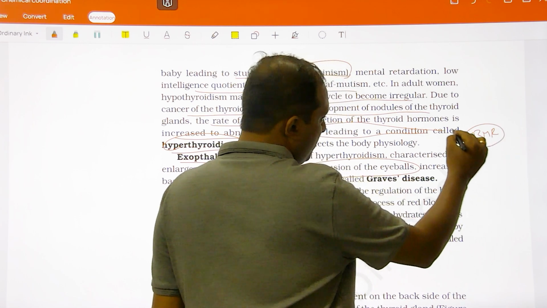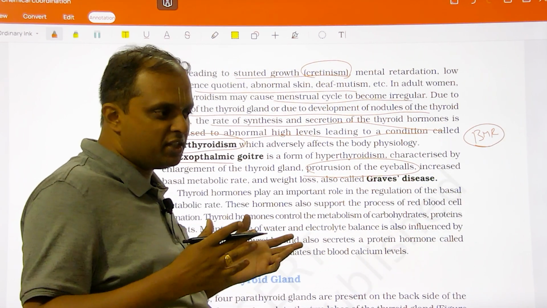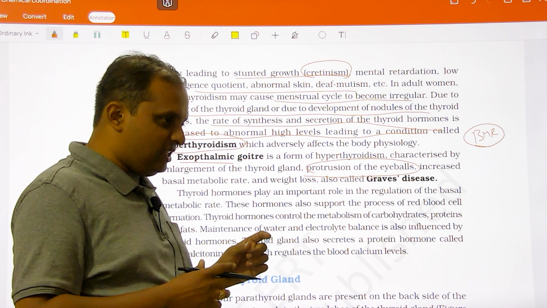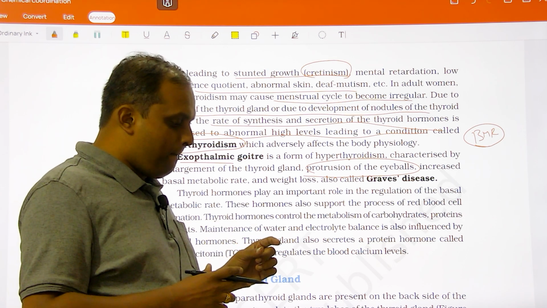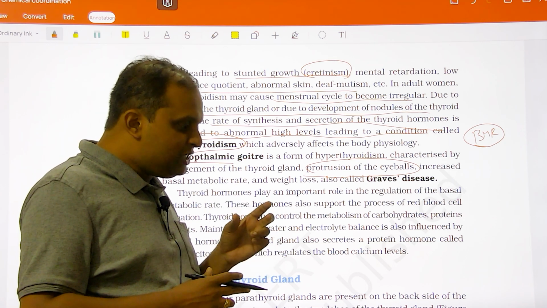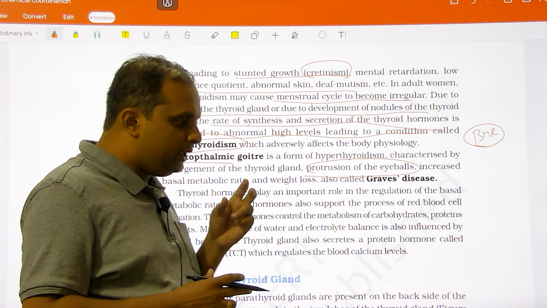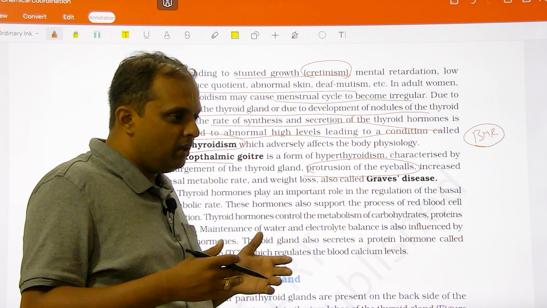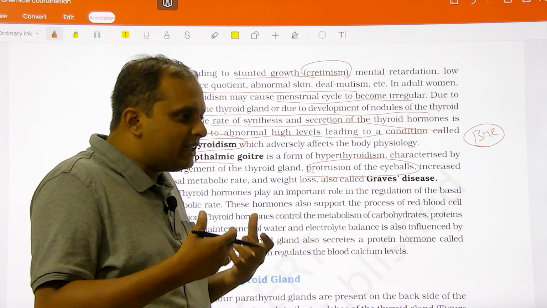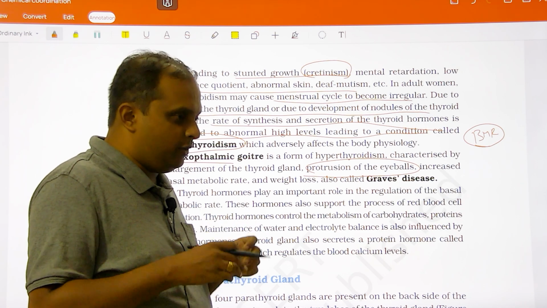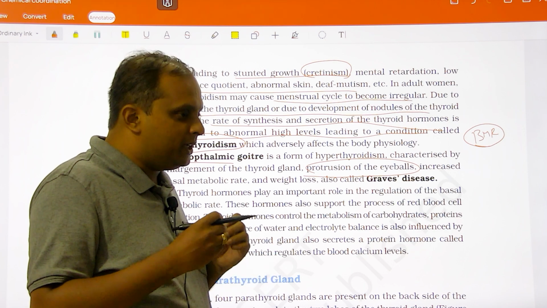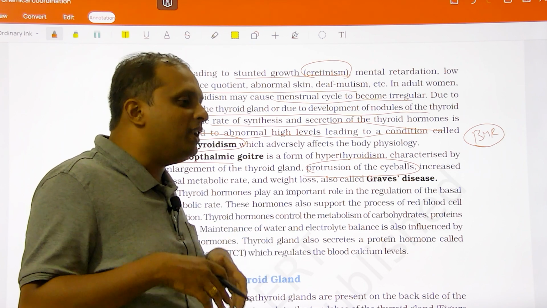What is basal metabolic rate? You might have some sophisticated definitions, but one important definition is the energy required by the body during physical and mental rest, that is, during sleep. If you have your dinner by 9 p.m. and immediately sleep, in the morning you wake up feeling hungry.